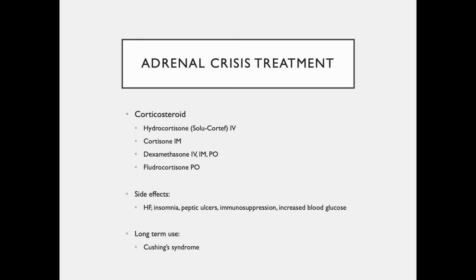Remember all the things that happen with steroid treatment. Heart failure results because of fluid volume overload. Insomnia because these steroids are stimulants to the CNS. It increases gastric acid secretion, so peptic ulcers are common. You get immunosuppressed, and we also see high blood sugar result.